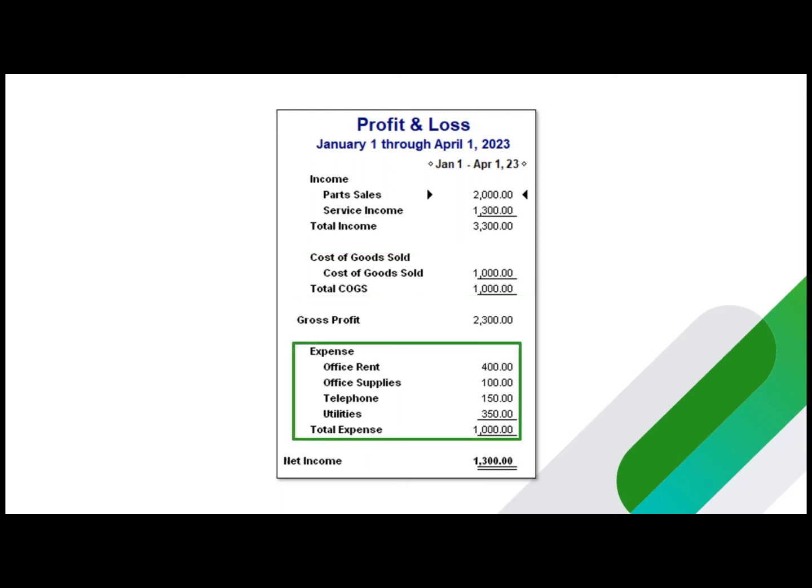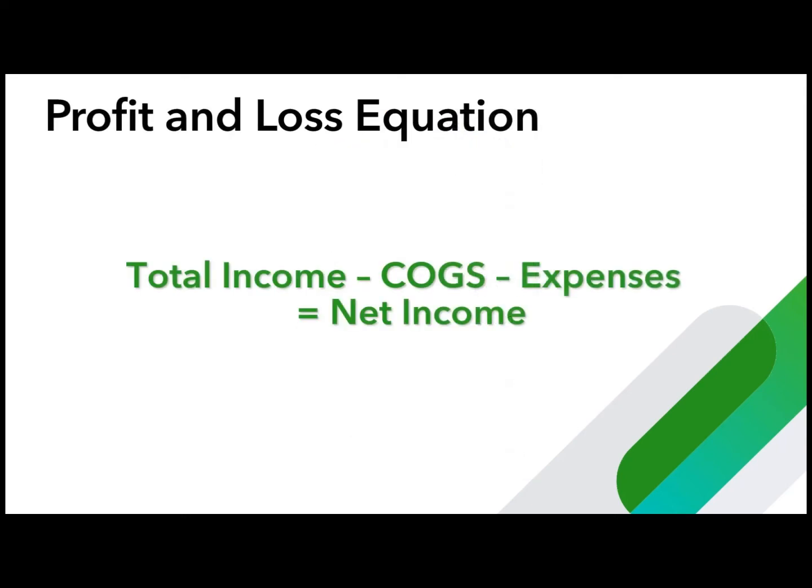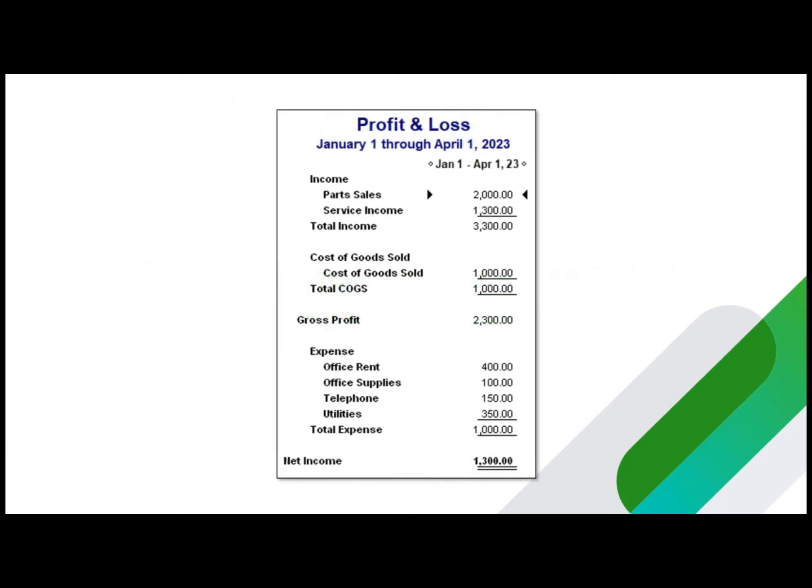Expenses are what you spend. Examples include office supplies, rent, telephone, and utilities. The end result of your profit and loss statement is how much money the company made, net income. Calculate your company's net income by taking total income, minus any cost of goods sold, minus your expenses. Let's look at this calculation on the financial statement.